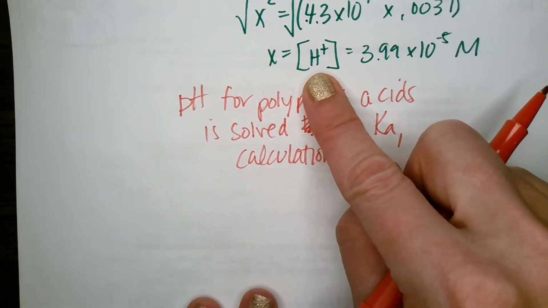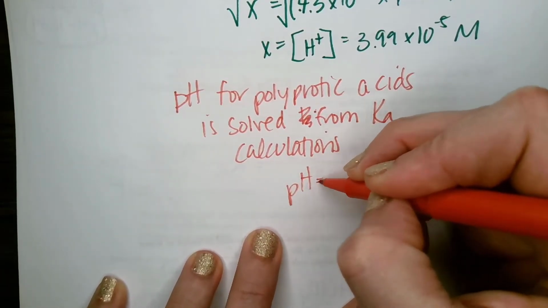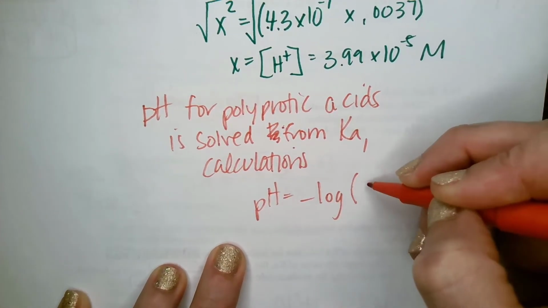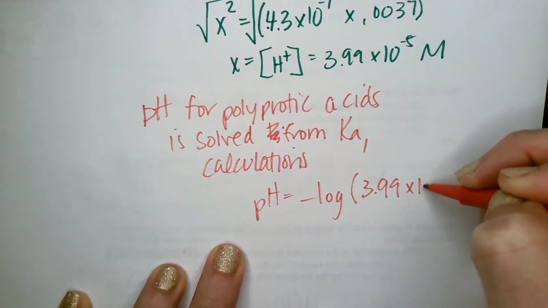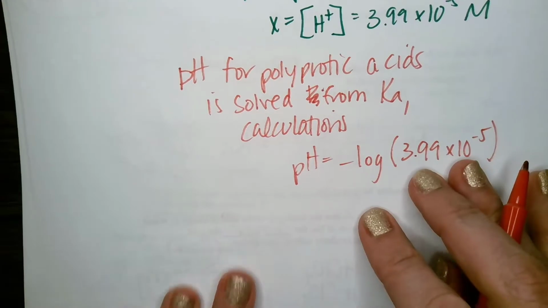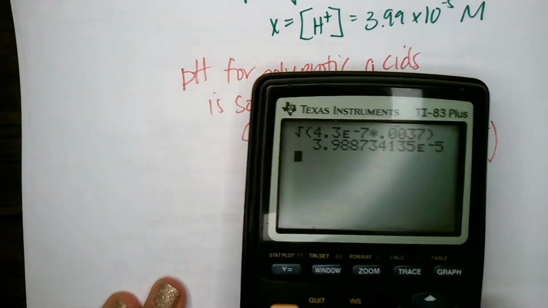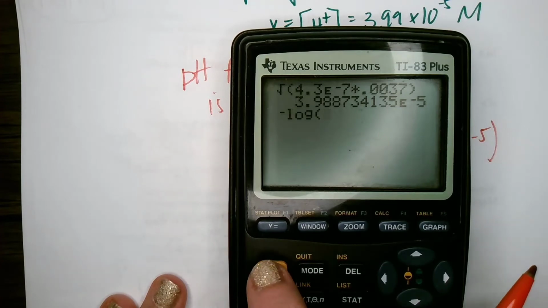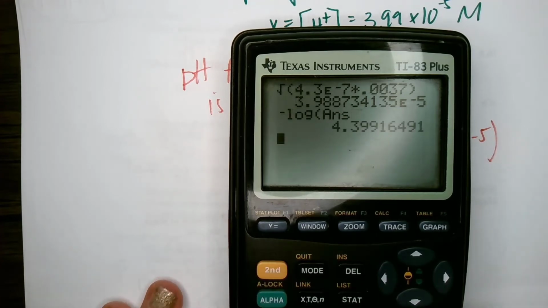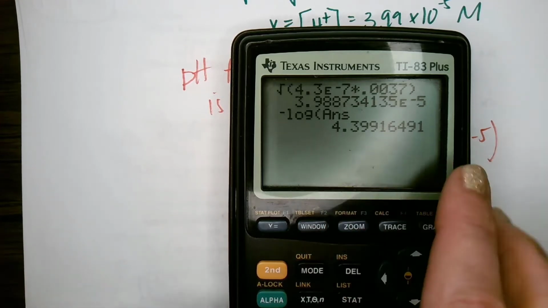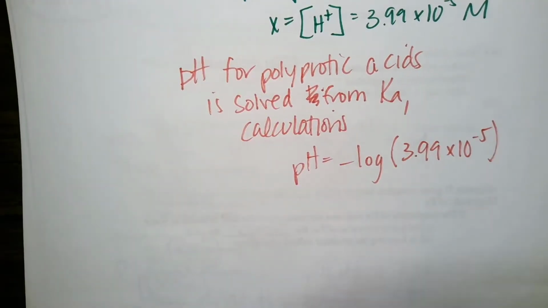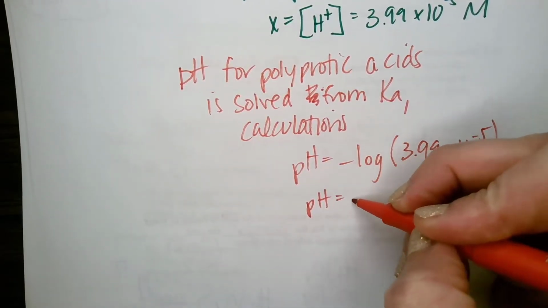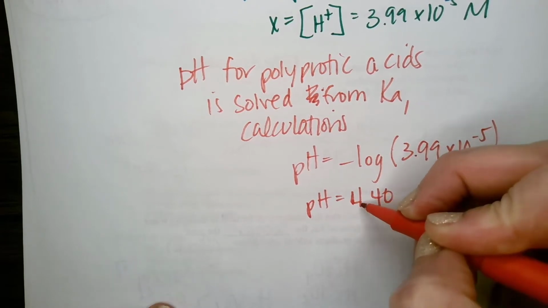So we can take this concentration of our H plus and do the negative log of 3.99 times 10 to the negative 5th. And let's see what we get. So let's just do the negative log of our answer to get a pH. So we have a pH of 4.40.